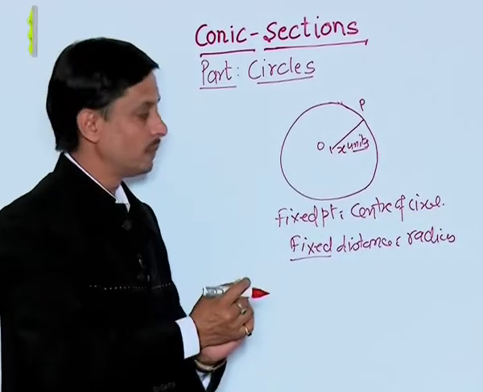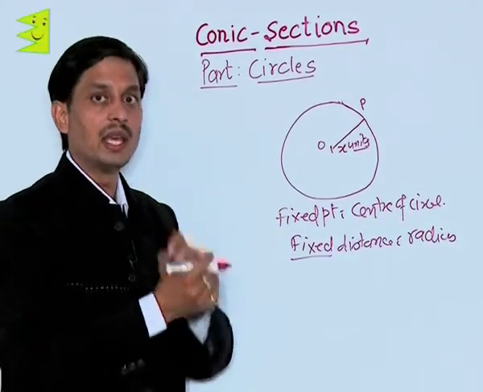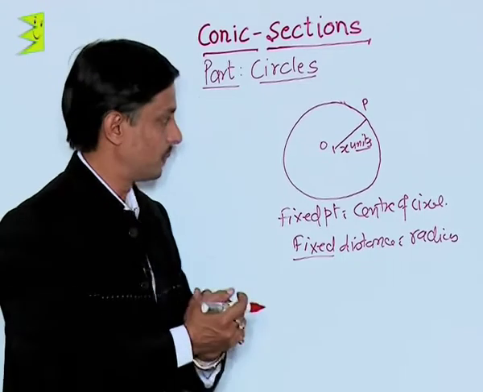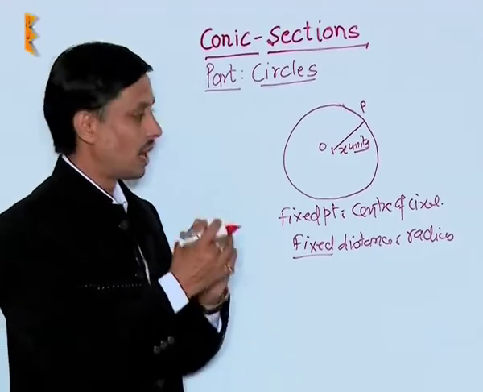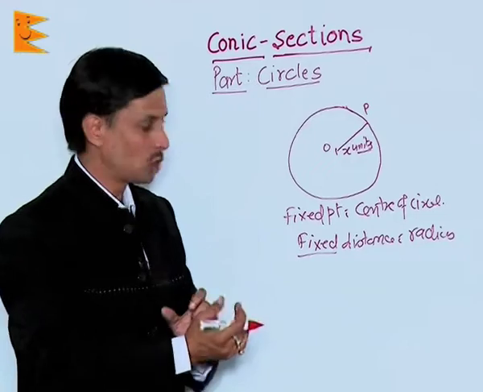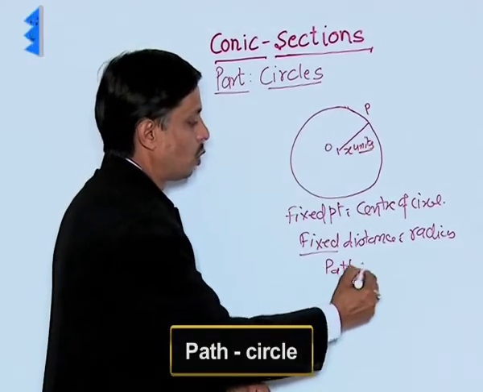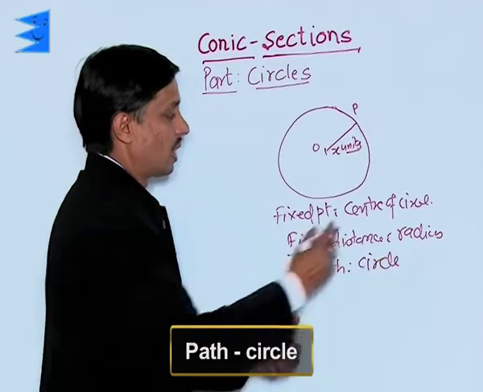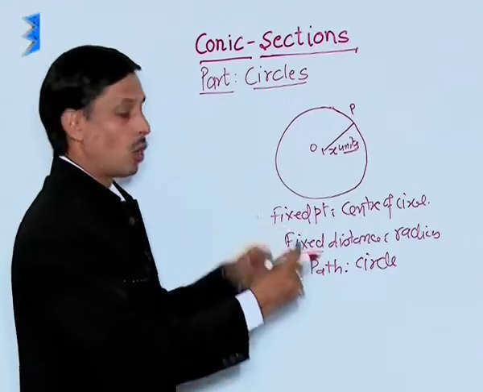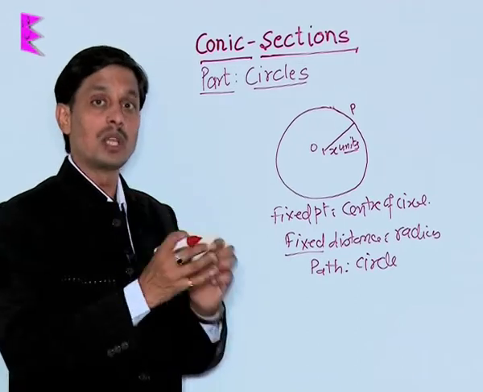In a circle, all the radii are of equal length. This path is known as the circle. Path plus all interior is known as the circular region.